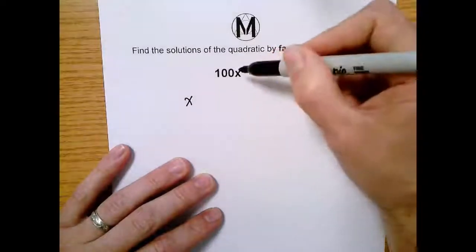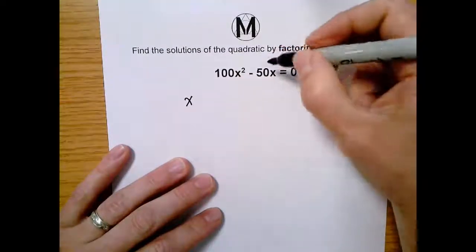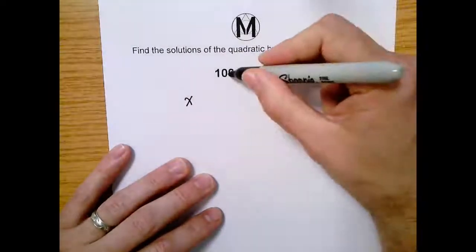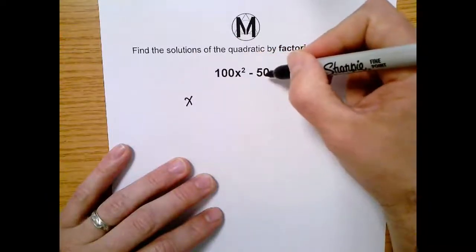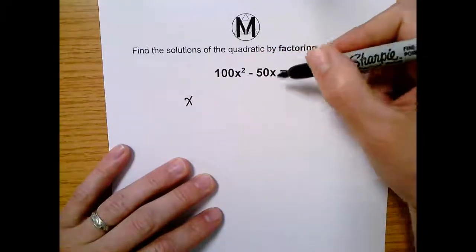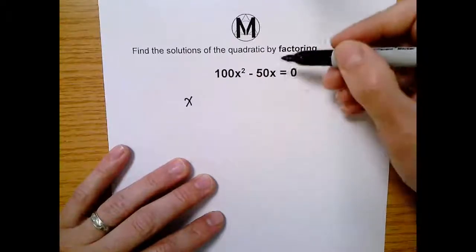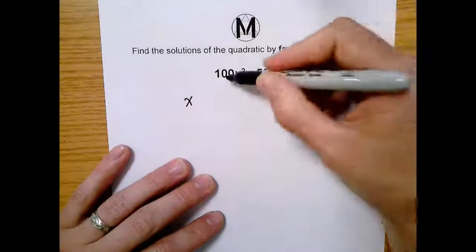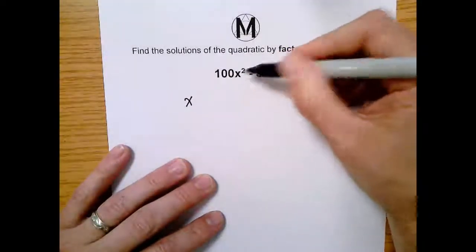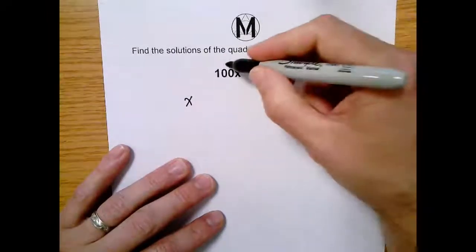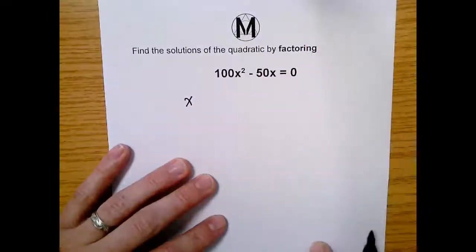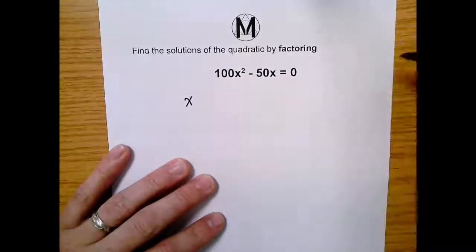So when we look at this, the next question is, what factors do 100 and 50 both share? And when we do this, we actually want the greatest common factor. Because looking at it out the gate, you can see they both share a 2. Okay, well, that would work. We could take out a 2. Let's pretend I was just taking out a 2x.